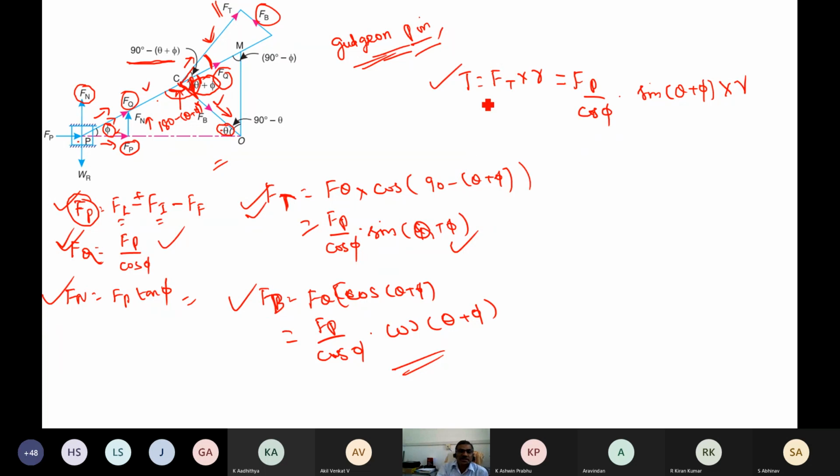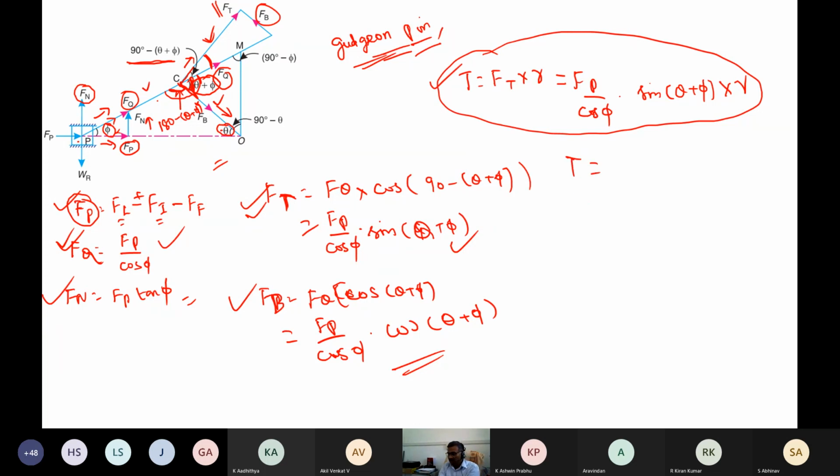From this, if you reduce and manipulate this equation, you will get another equation: Fp into r, within brackets, sin theta plus sin 2 theta by 2n.